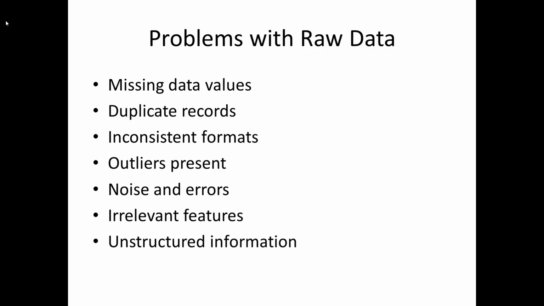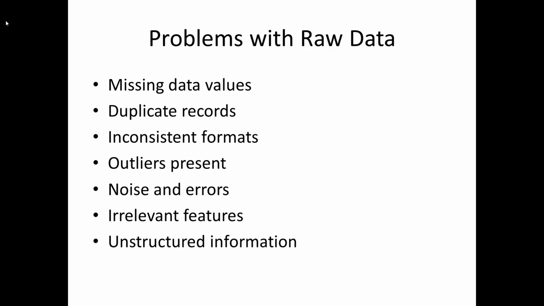What are the problems with raw data? Missing data values is one of the problems with raw data. Duplicate records. Duplicate records means data that is repeated again and again.